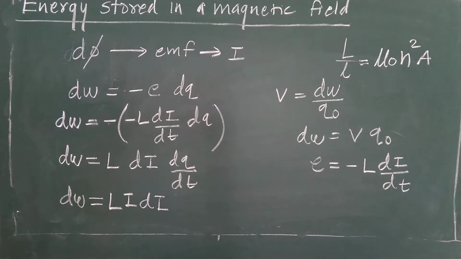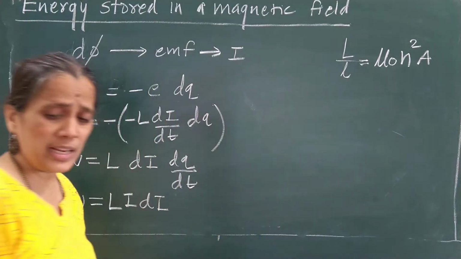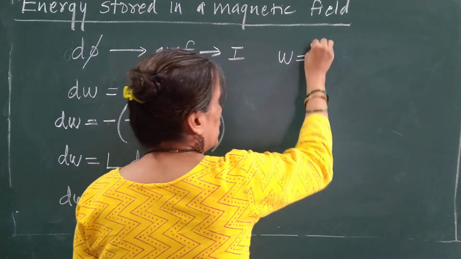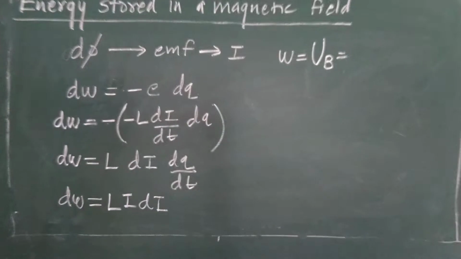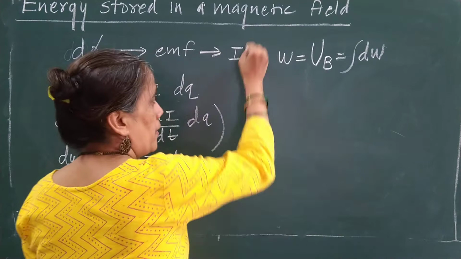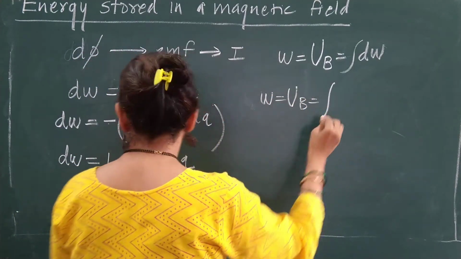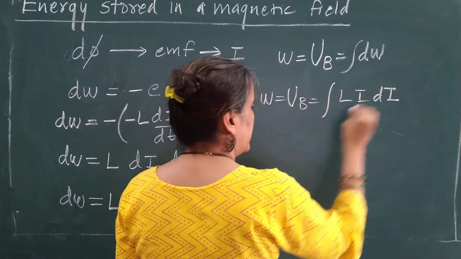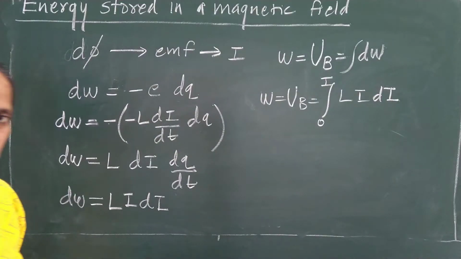And now this small work done can be used to calculate the total work done. So the total work done W, which is stored in the form of magnetic energy, indicated by capital U_B, is nothing but the integration of dW, which is the integration of L i di, and integration limits are from 0 to I, that is from 0 current to maximum current.